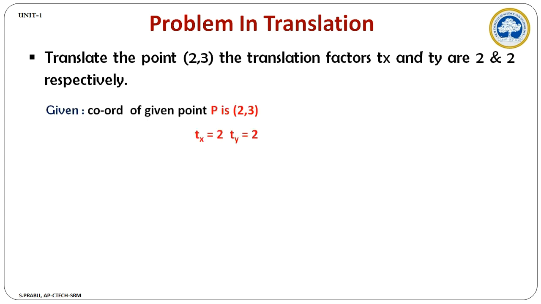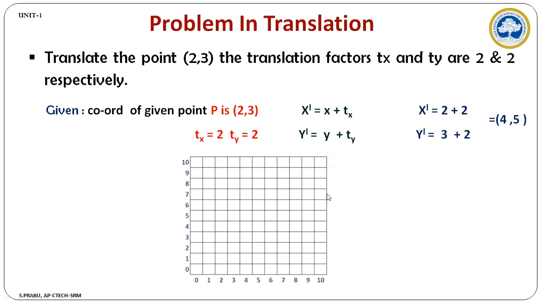First we explore the given values, and we know the formula for translation: the new coordinate values x dash and y dash can be calculated from the previous x and y added with these translation vectors. Applying the values in this equation, x dash is 4 and y dash is 5.